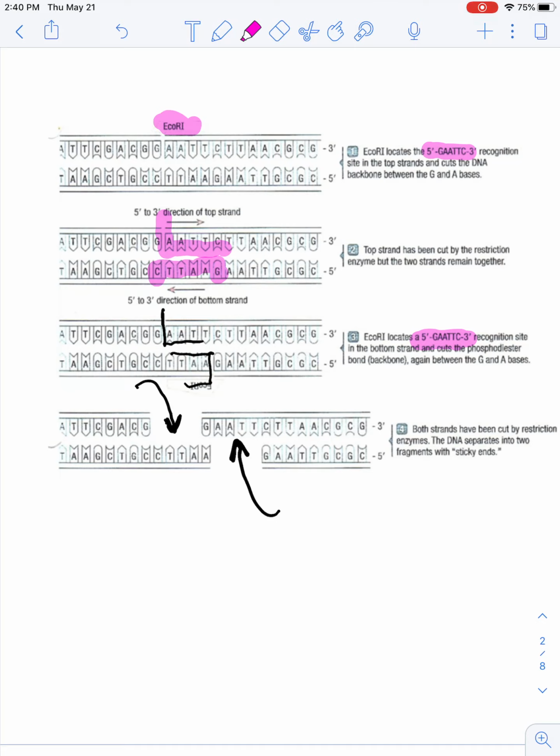And so when you apply molecular scissors to a person's DNA, it's going to cut their DNA in specific places that will be different from someone else's. So everybody's DNA will be cut into a different number and different sizes of pieces because not everybody has that code in the exact same spot.